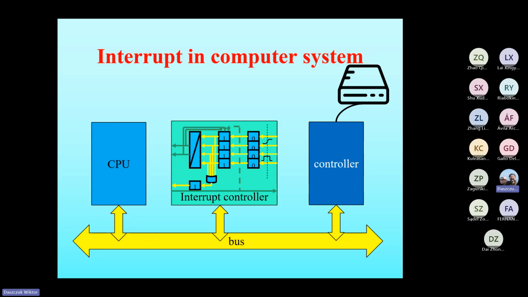Today we will say more about interrupts. This is the role of an interrupt in a computer system. We have a system bus which contains data bus, address bus, and control bus.